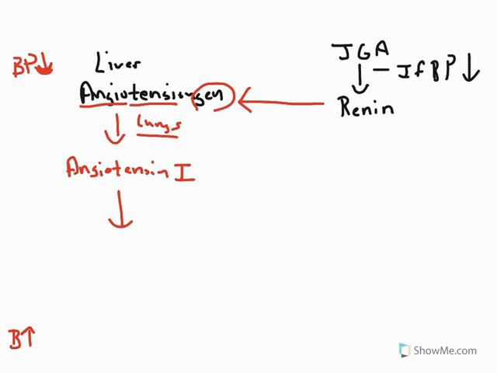Now, I'm going to tell you the name of this reaction. We want to produce angiotensin-2. How we do this is, of course, with an enzyme. We have some enzyme coming in here. Its name is angiotensin-converting enzyme, or ACE for short.